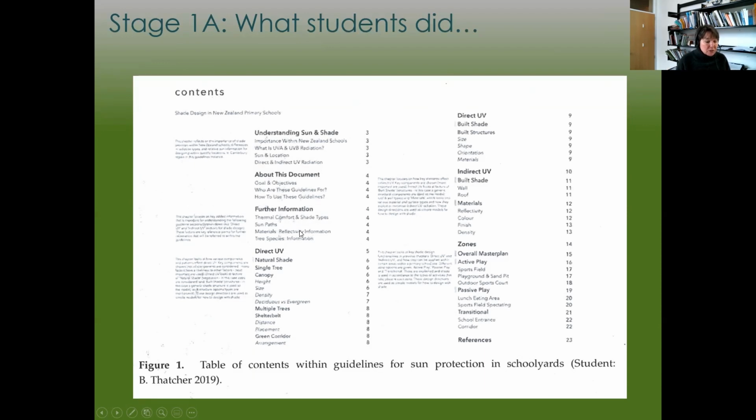Further information was probably more theory about the different things that affect sun protection behavior. Then there were different sections. Here's one on direct UV, natural shade, and then they did single trees and how the canopy was related to shade, and using multiple trees and shelter belts, etc. So all these things were covered, and they did it in the 3 spatial scales.